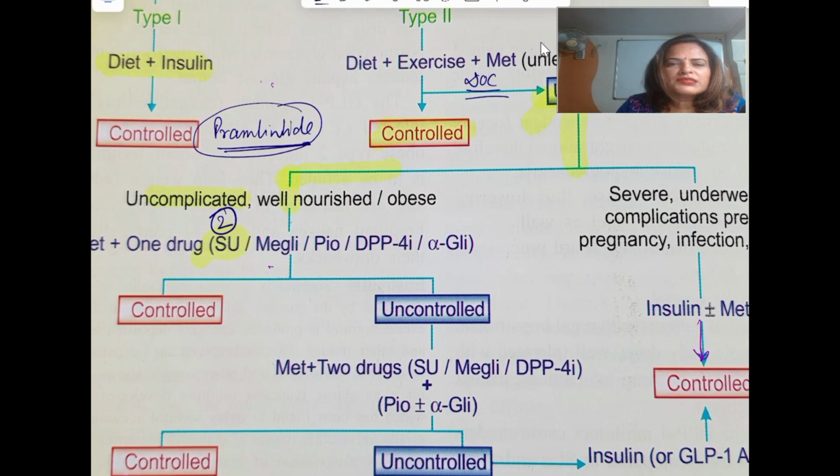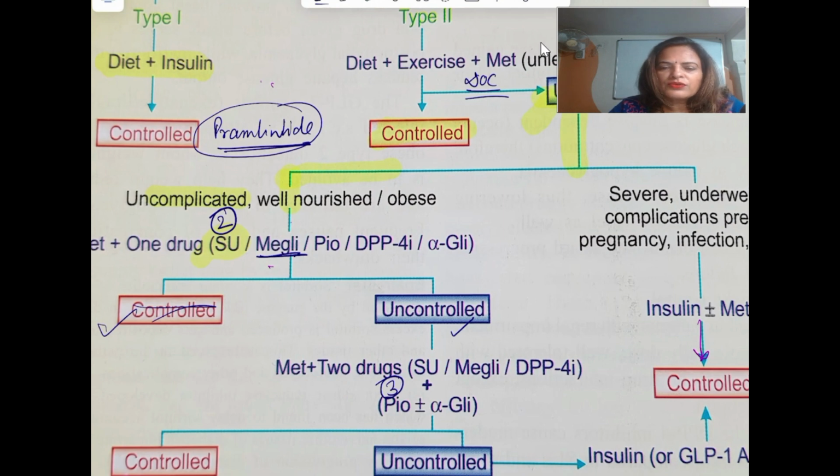If a person is showing only postprandial hyperglycemia, we can put the patient on miglitol. If it is controlled, it is okay. If it is not controlled, this is the time when we have to add the third drug. Usually as the third drug, we prefer a thiazolidinedione derivative, that is pioglitazone.